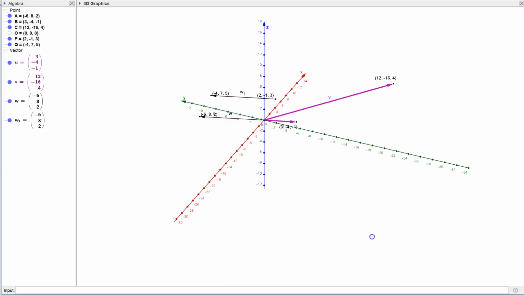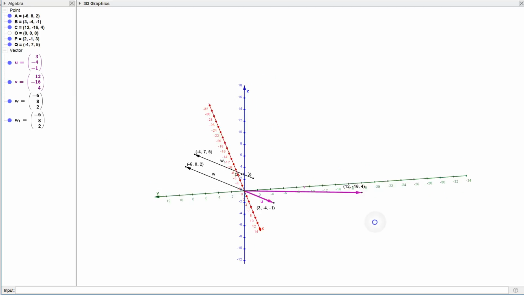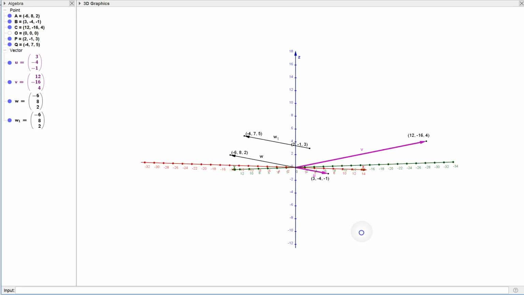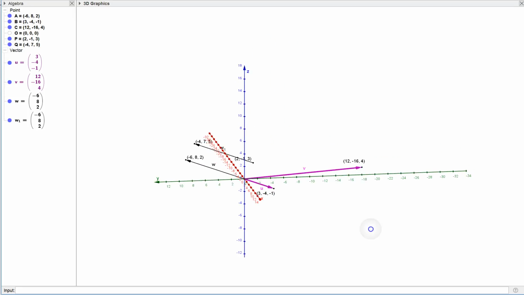What I've got plotted here is w before it was moved to have an initial point at the origin. So it was starting at 2, negative 1, 3, terminating at negative 4, 7, 5. Then we moved it to have an initial position at 0, 0, 0, so its component form was negative 6, 8, 2. Notice it starts at 0, 0, 0.